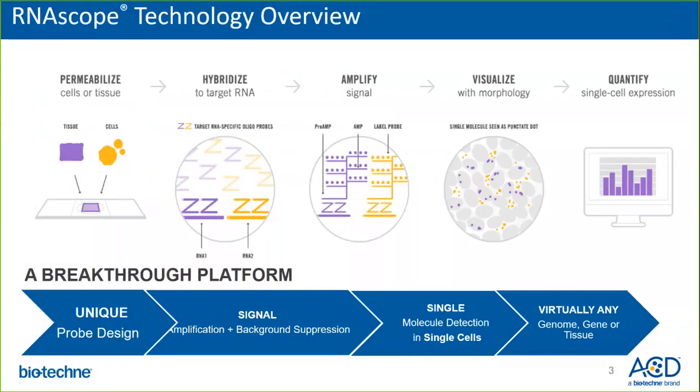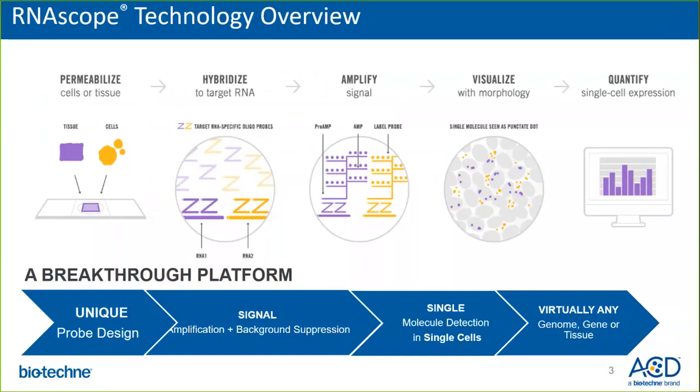The most common of these tissue is formalin-fixed paraffin embedded, known as FFPE tissue. The tissue is placed on a glass slide where cells are permeabilized and target RNA is unmasked. This technique works on different kinds of RNA, such as messenger RNA or long non-coding RNA.